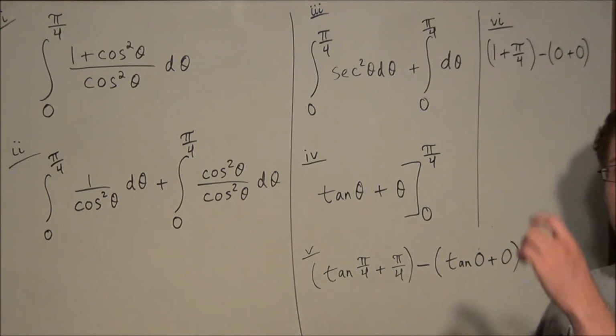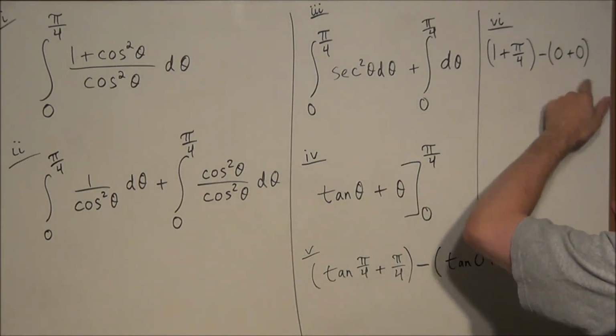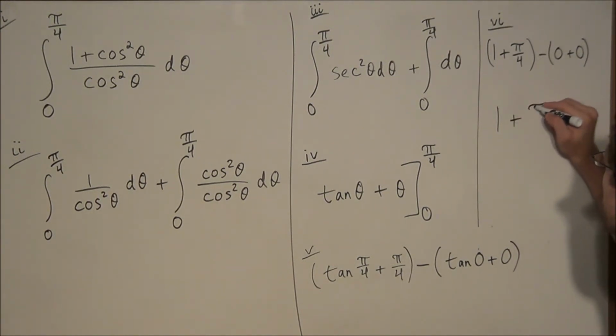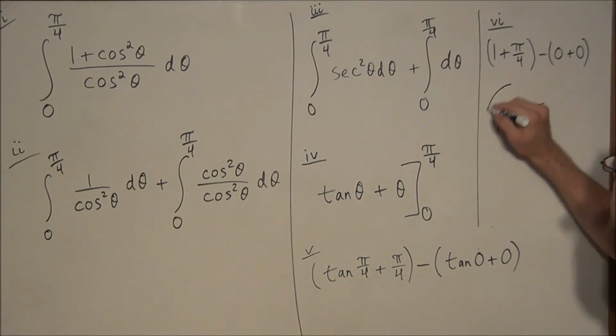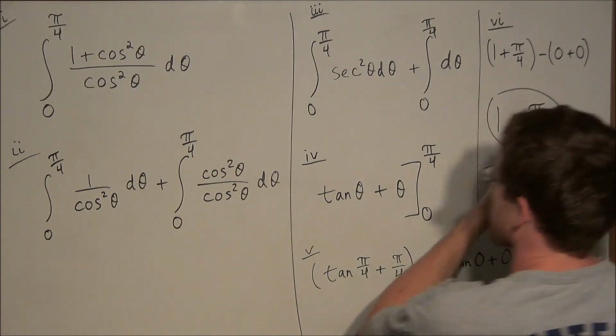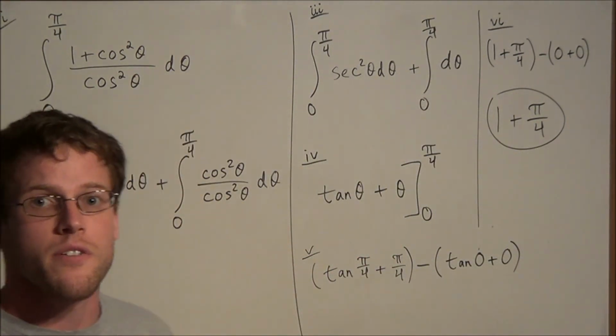So really our final answer will be 1 plus pi over 4 minus 0. So our answer to this problem is 1 plus pi over 4, which is our final answer to evaluating this definite integral.